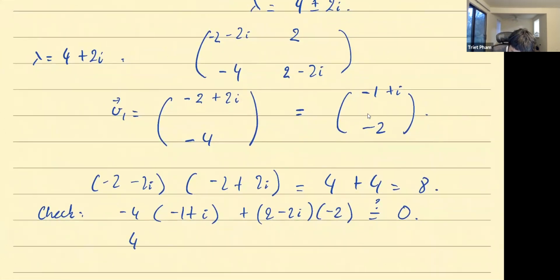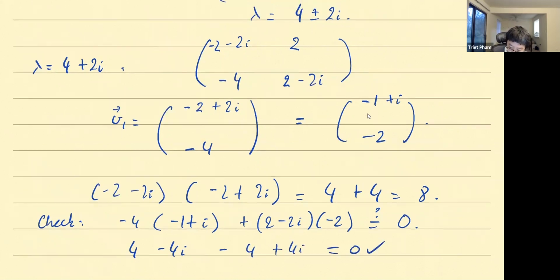We got 4 minus 4i, and then this is going to be -4 plus 4i. Correct. So our solution here is indeed that. Another choice would be this, because an eigenvector does not change by multiplying by a constant. So that works.